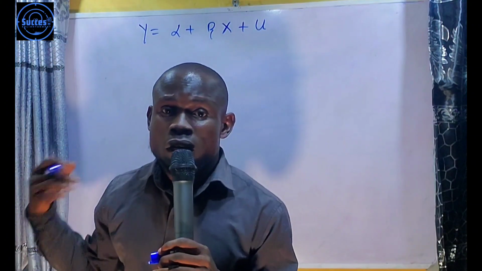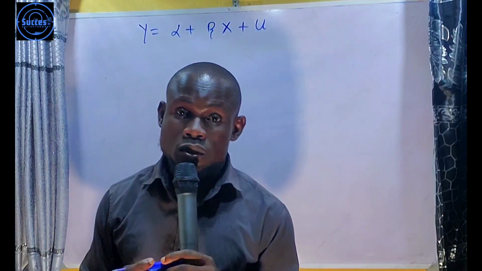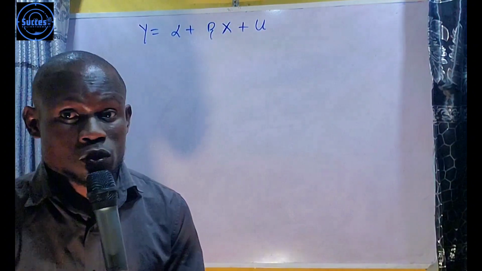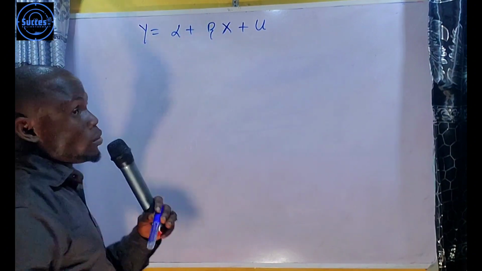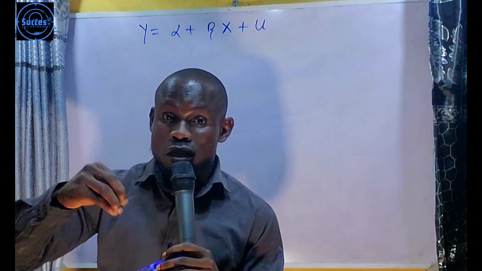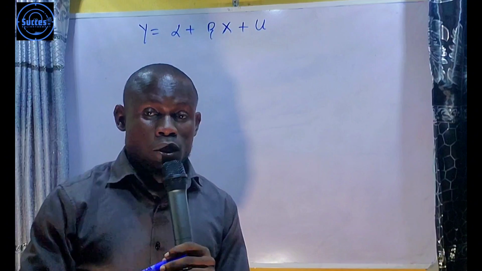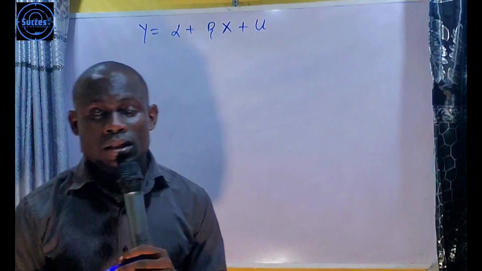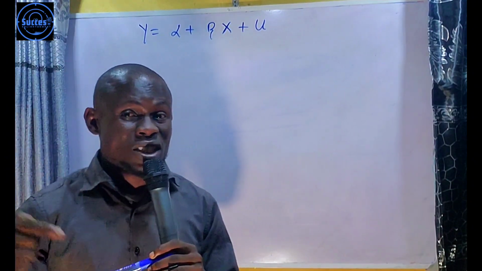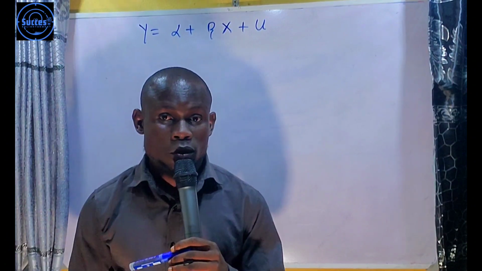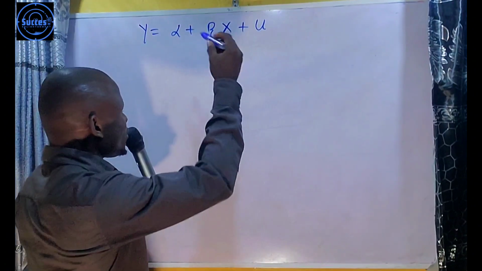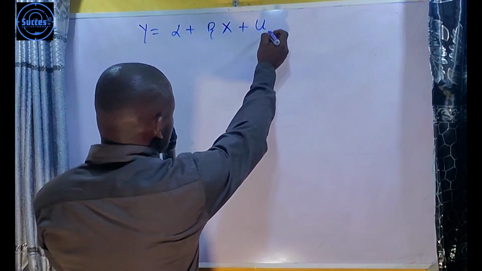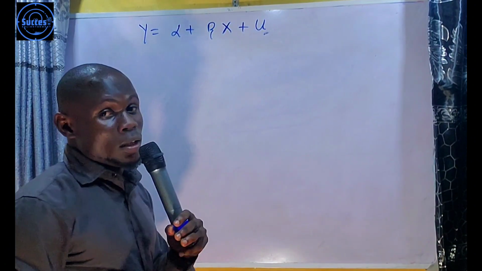For instance, let's say we're analyzing quantity supplied. The independent variable in this illustration will be the price. We already understand that the quantity supplied of a commodity is a function of the price. This is an econometrics model, and that's why you have the stochastic term, which is the error term.